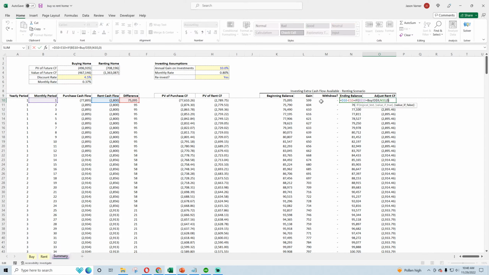You're adding the gain. Why are we not adding L? Because we're assuming everything's reinvested. So it's this. It's basically saying this is, yeah, 2895. So it's saying that your cash flow for renting is now the same as if you were to buy because you're getting back to the difference and you're reinvesting that.